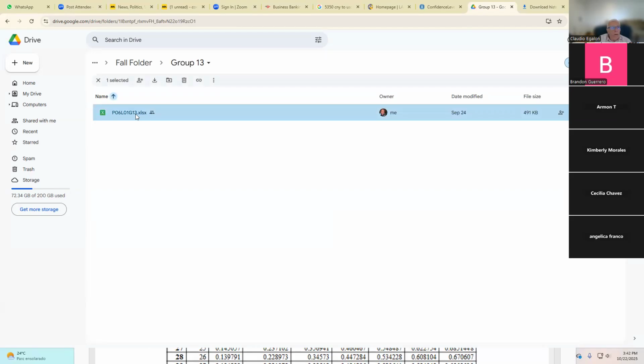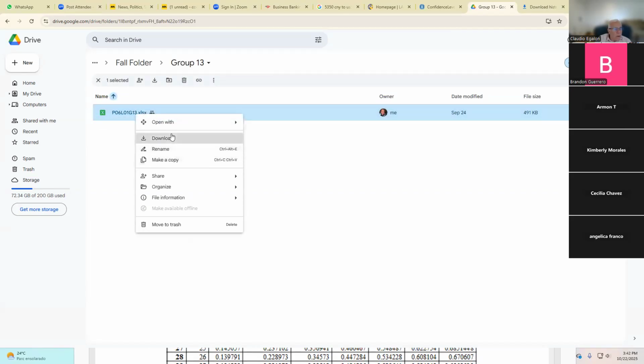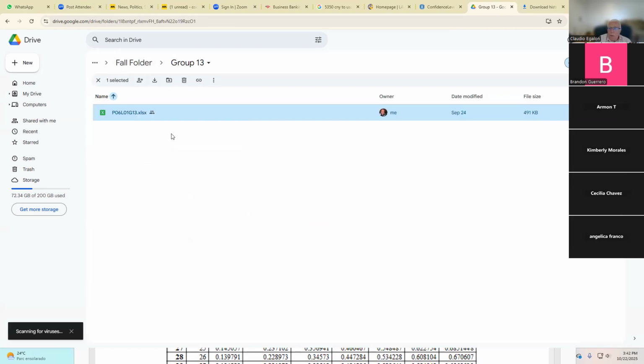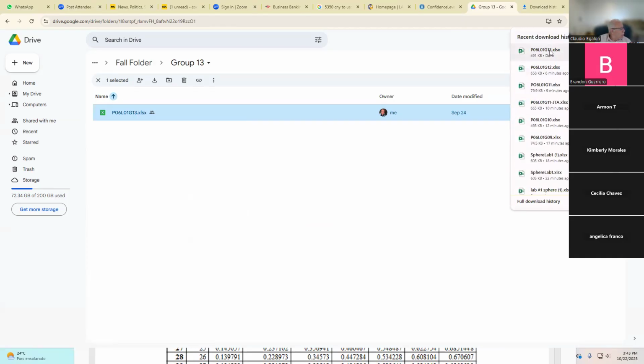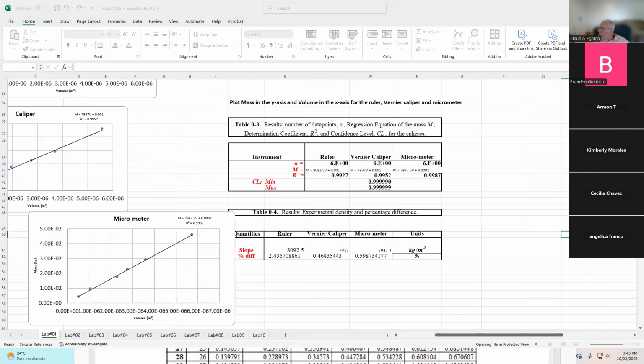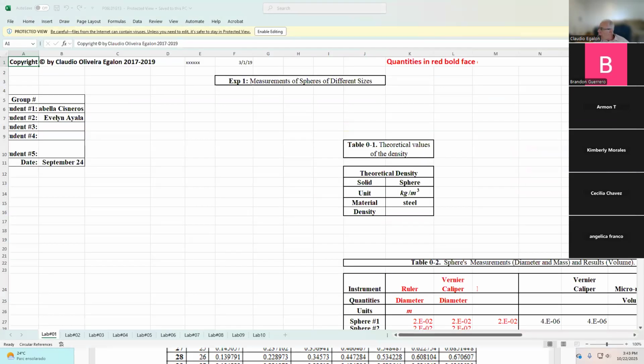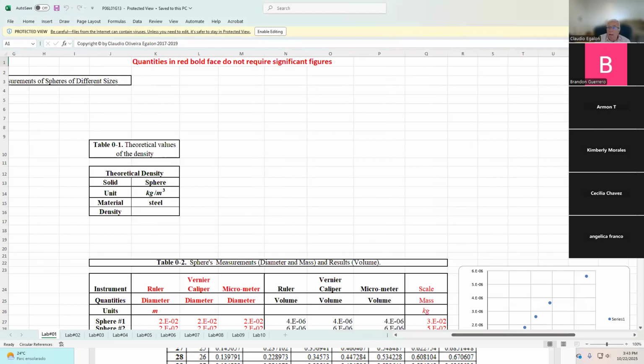It looks like group 13 didn't do anything, huh? Let's see here. Group number 13 is Evelyn and Isabella. Yeah, they are not here. Group 13 didn't do anything. Oh, they did it.